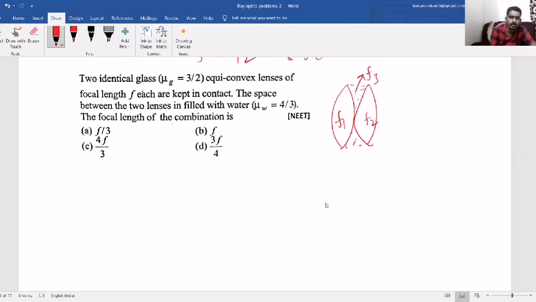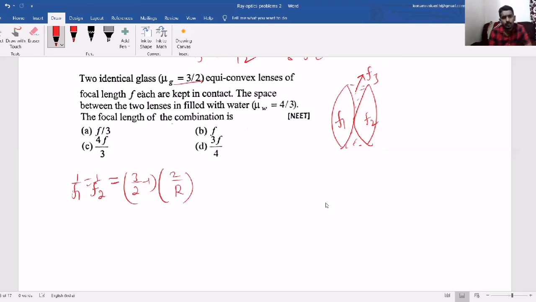If you first consider the convex lens, 1 by f1 or 1 by f2, you take anything, both are the same, where that is mu minus 1. Mu is how much? 3 by 2. So 3 by 2 minus 1 into 1 by r1 minus 1 by r2. As both are equiconvex, I can take it as 1 by r minus 1 by r, so that will become 2 by r.